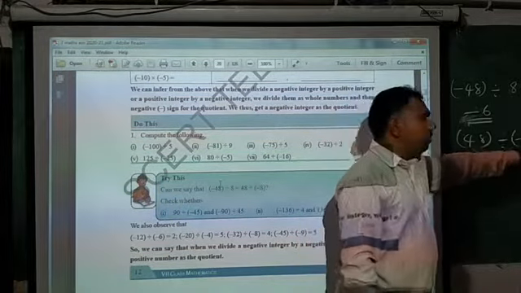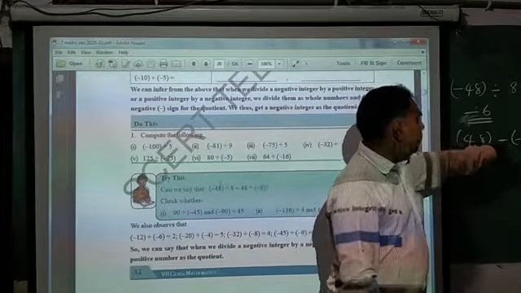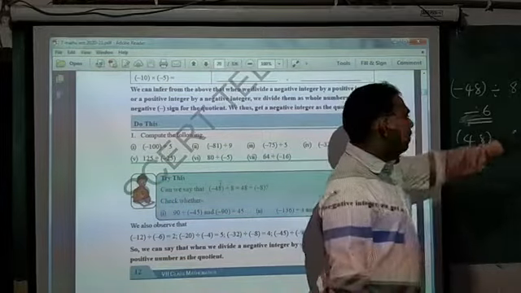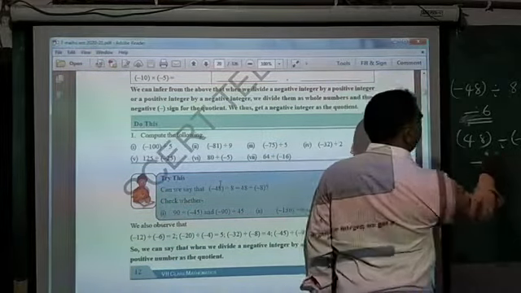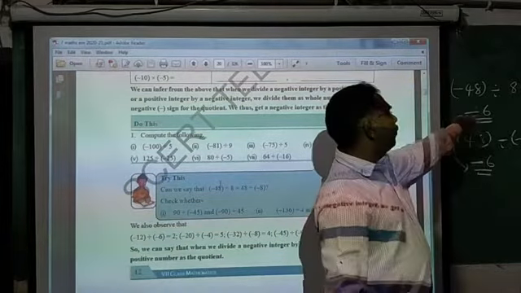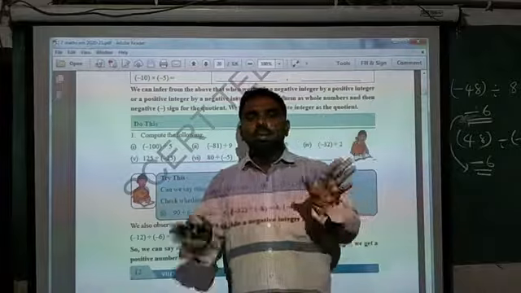And for 48 divided by -8, first symbols combination, plus and minus will be minus. Then 48 divided by 8, 8 6s are 48. So you are getting the same answer. In this situation also -6, in this situation also -6. Numbers are not changing.